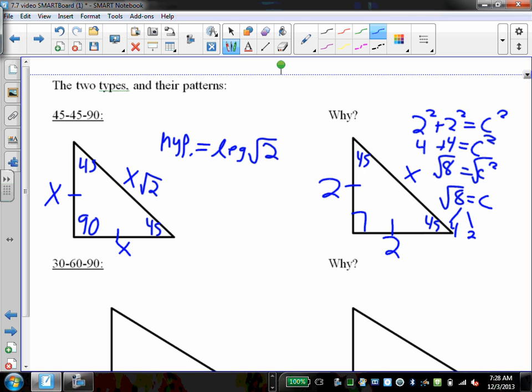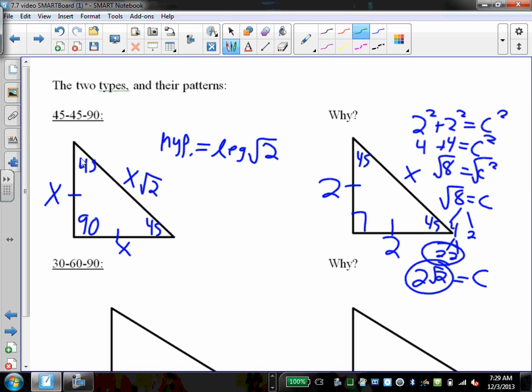There's a 4 and a 2, a 2, which means a pair of 2's, which makes that c ends up equaling 2 root 2, which you'll notice is the length of one of our legs with an additional root 2 next to it, multiplied.